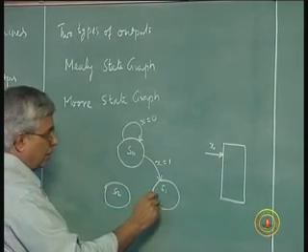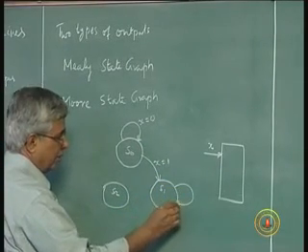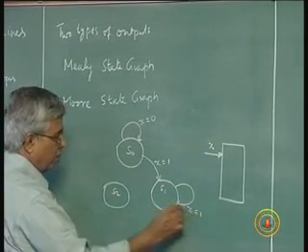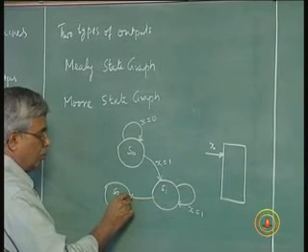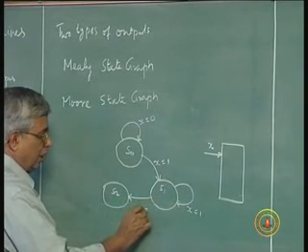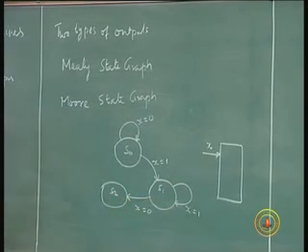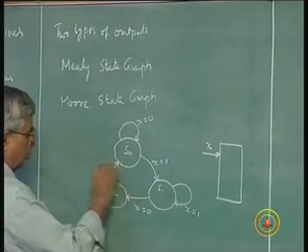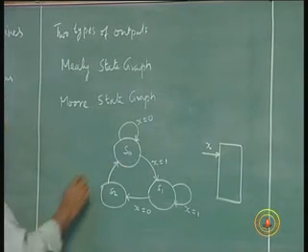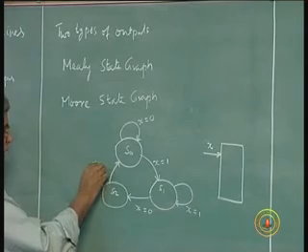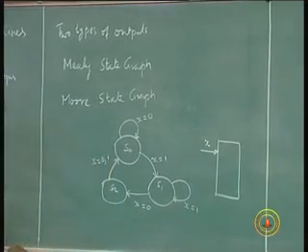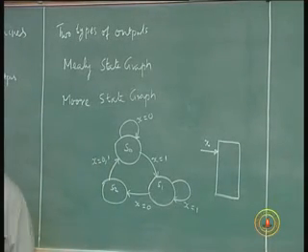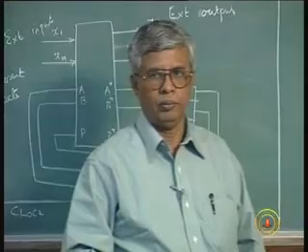In S1, if X is 1, it remains in the same state, otherwise it goes to S2. Just arbitrarily drawing a state graph. From S2, it will go to state S0, whether X is 0 or 1. Just imagine a simple state graph.